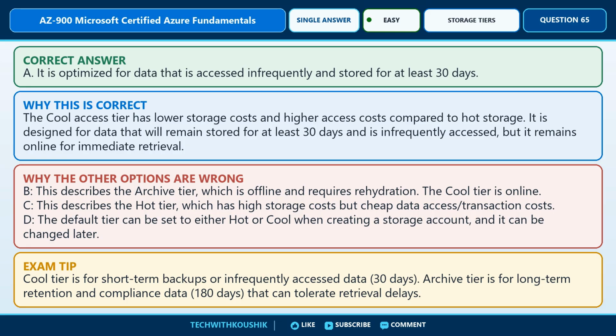D. The default tier can be set to either hot or cool when creating a storage account, and it can be changed later. A helpful shortcut is this. Cool tier is for short-term backups or infrequently accessed data, 30 days. Archive tier is for long-term retention and compliance data, 180 days, that can tolerate retrieval delays.